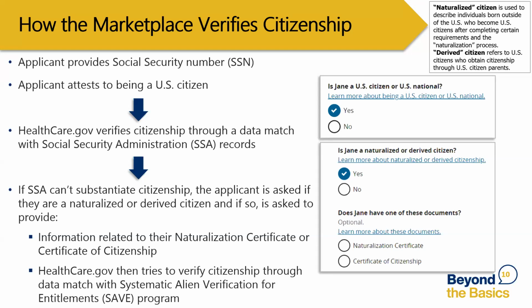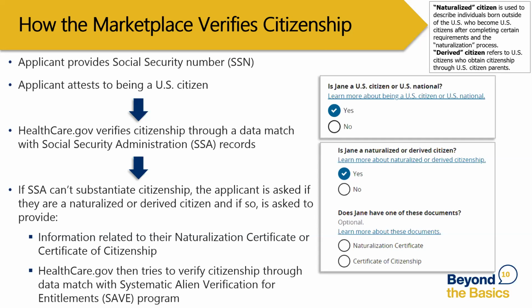And then healthcare.gov uses information that's been provided in the application, like name and address and other important factors, and shares this information with the Social Security Administration. The Social Security Administration is going to say yes or no that they can substantiate the claim of citizenship. And if the Social Security Administration can't substantiate citizenship, the applicant is usually asked another question: if they are a naturalized or derived citizen.